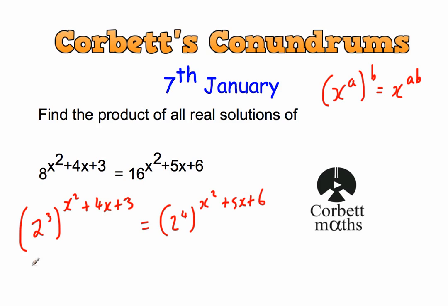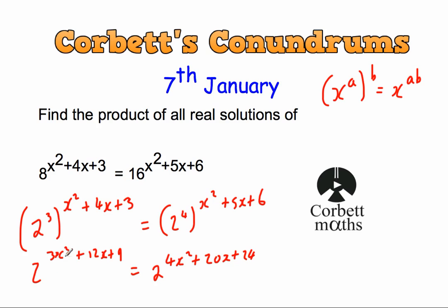If I do that, I get 2 to the power of 3x squared plus 12x plus 9, and on the other side I get 2 to the power of 4x squared plus 20x plus 24, multiplying this whole thing by 4.